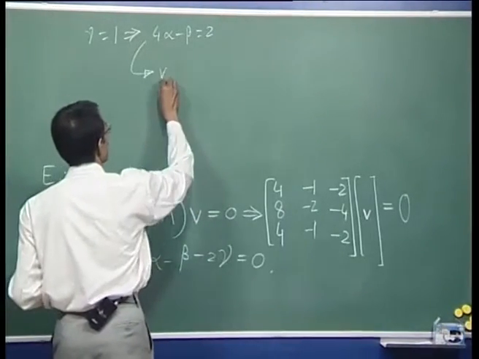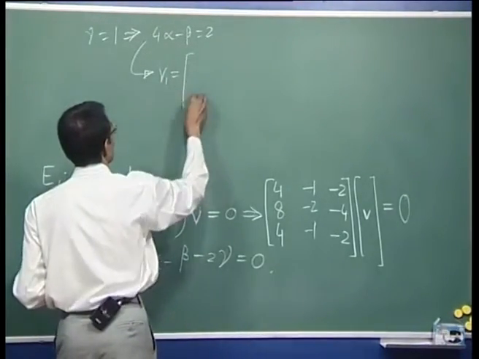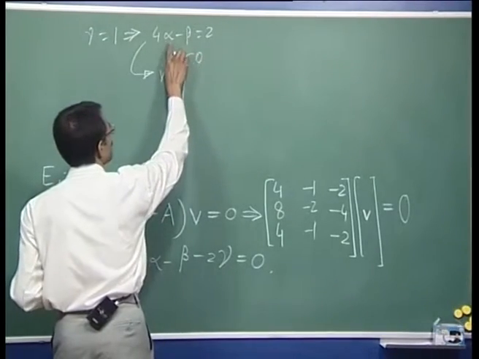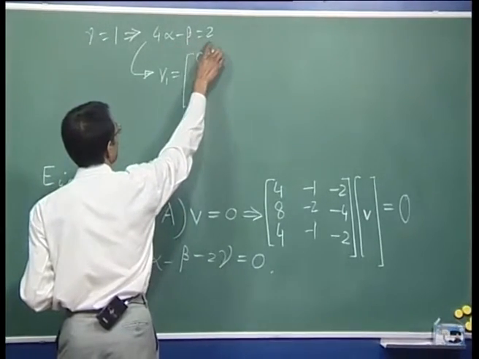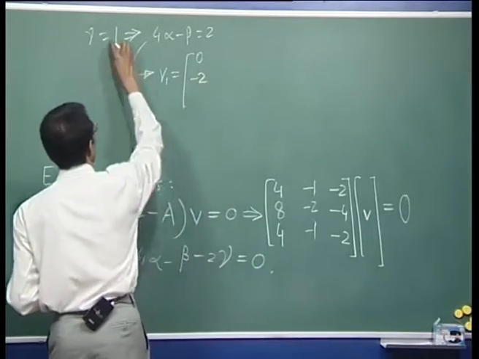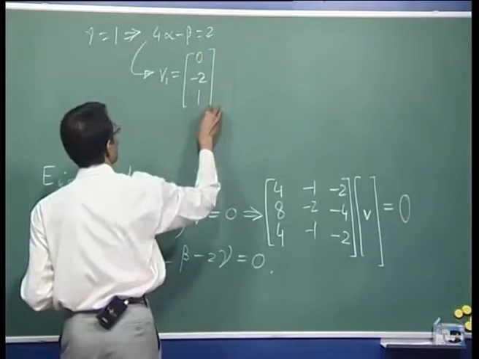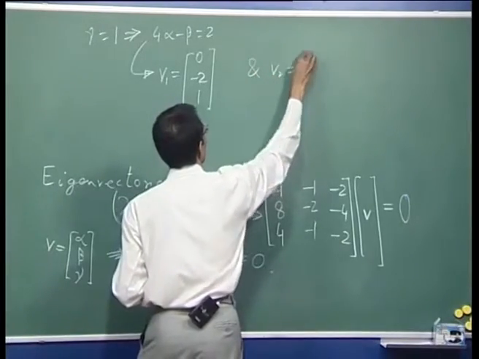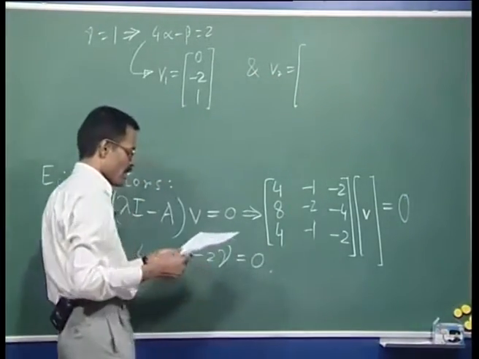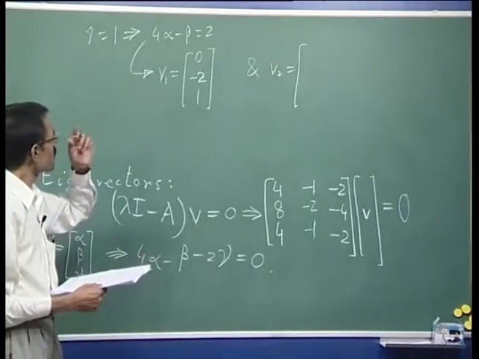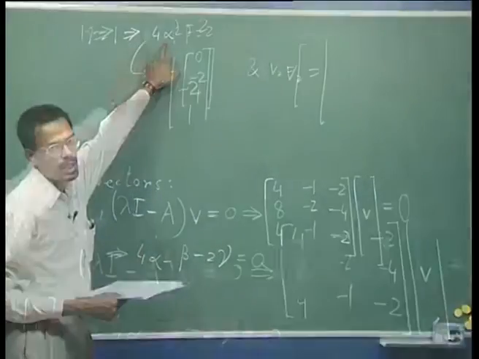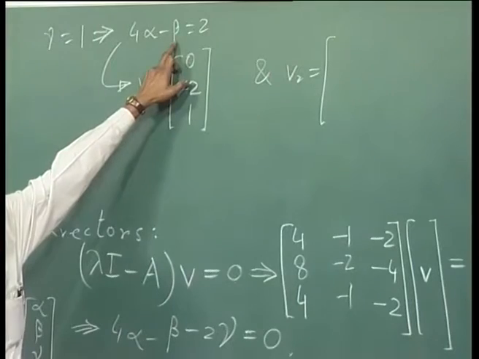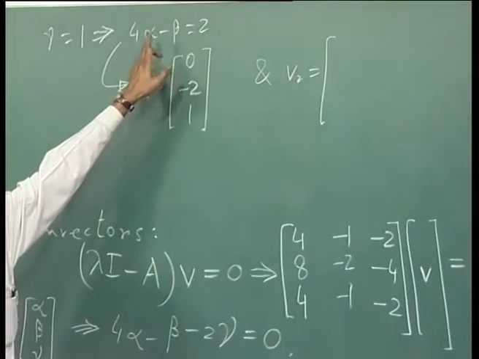So, then we get one eigenvector in which alpha is 0 and beta will then turn out to be minus 2 and gamma is anyway chosen as 1. In another, suppose we choose alpha to be 1. If we choose alpha to be 1, then we will get beta as 2, right.